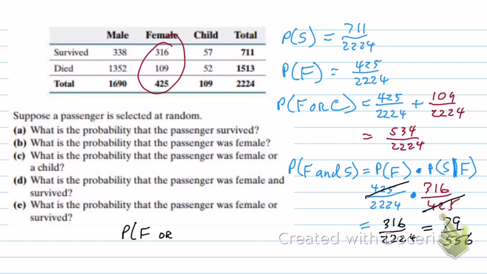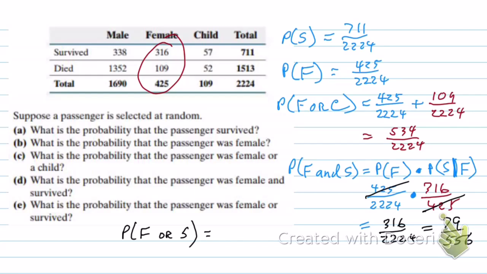I'm seeing the word or. Again, possibly a description of Rose, but let's keep going. I'm seeing or. Addition. Are the events female and survivor disjoint?